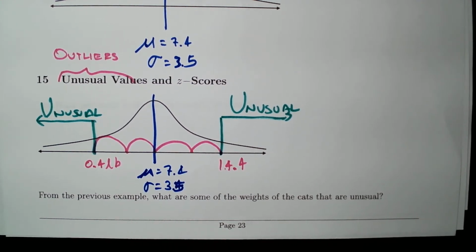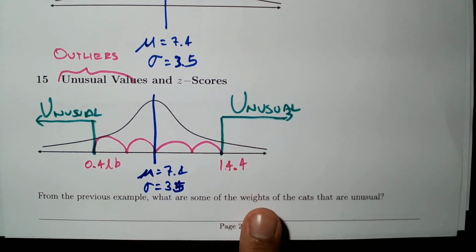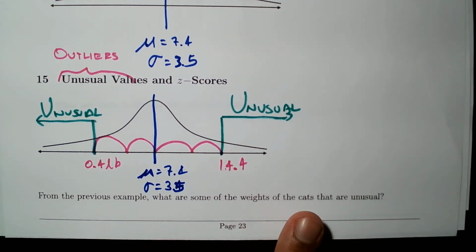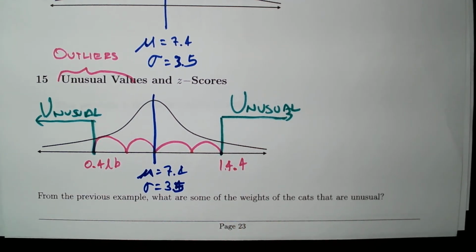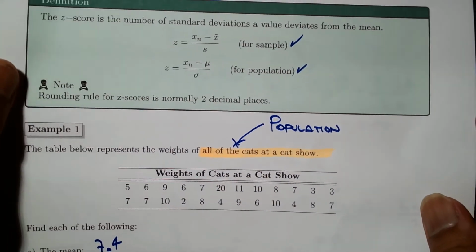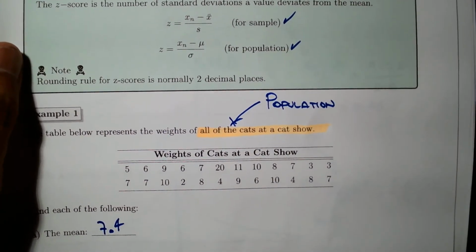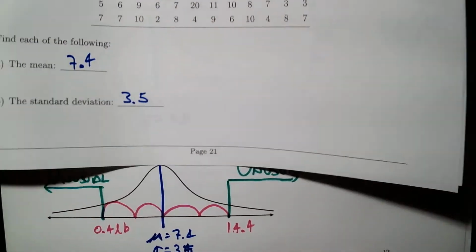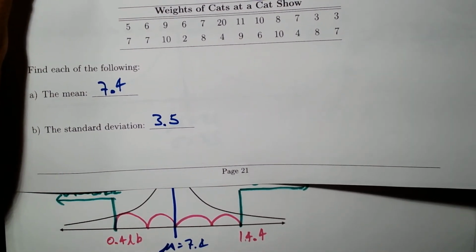All right. From the previous example, are there any unusual values? Let's go back and look at the given data set. Do you see anything bigger than or smaller than 0.4?